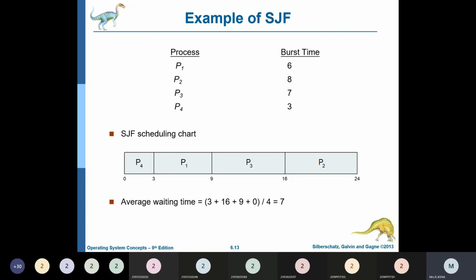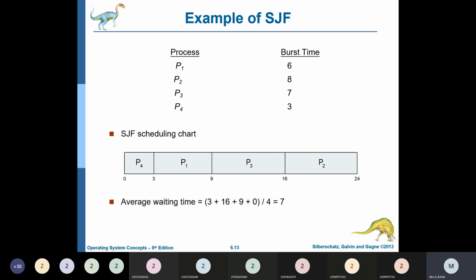So P4 goes first since it has the lowest burst time. If two or three processes have the same burst time, then we have to use FCFS, first come first serve. Here every burst time is distinct, so no problem.